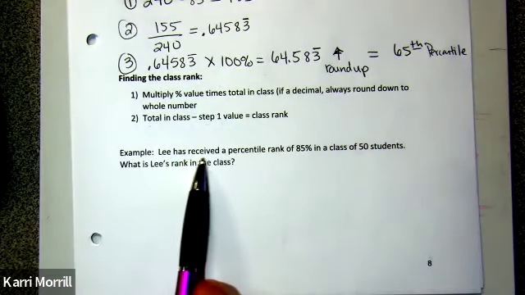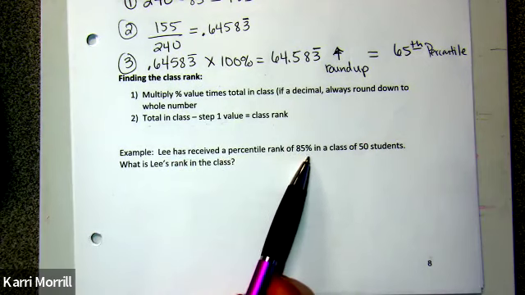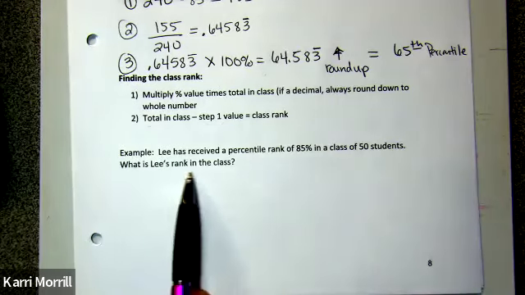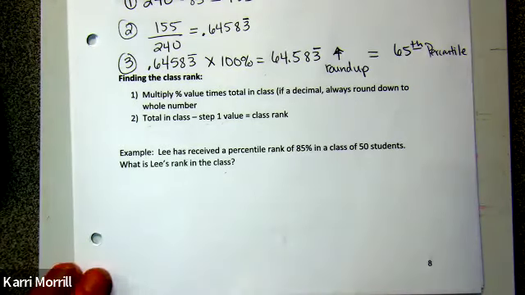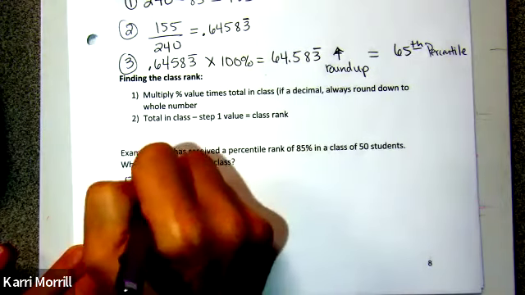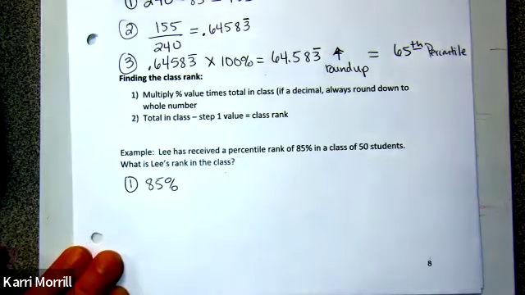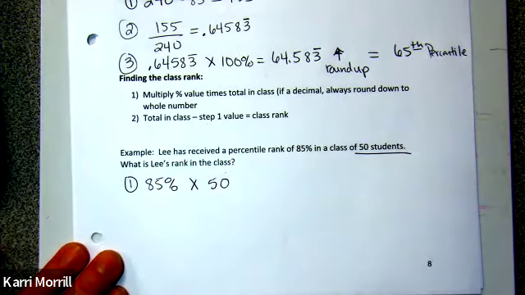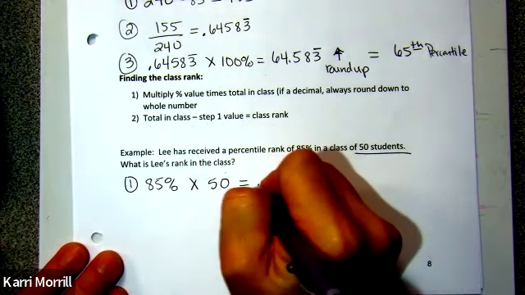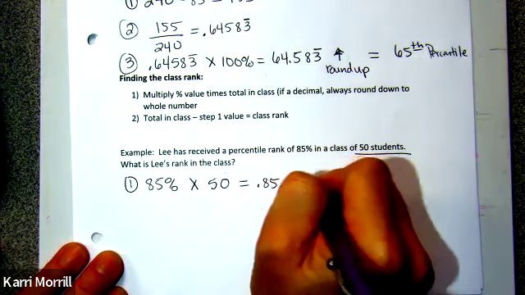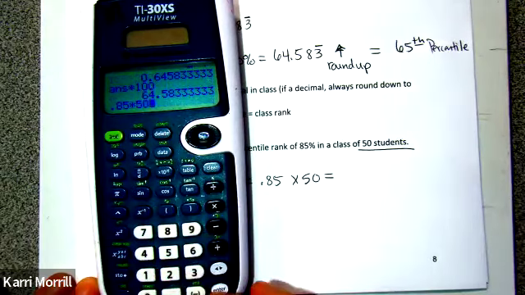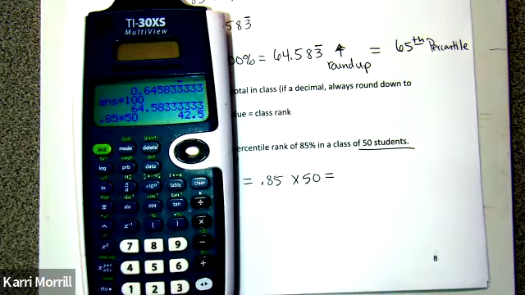Lee has received a percentile rank of 85% in a class of 50 students. What is Lee's rank in the class? Number 1, we take that 85% times the total amount of people in class, so times 50. Remember, we're really taking 0.85 times 50, which is 42.5.